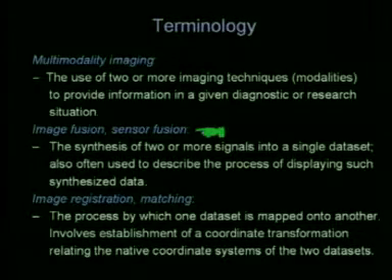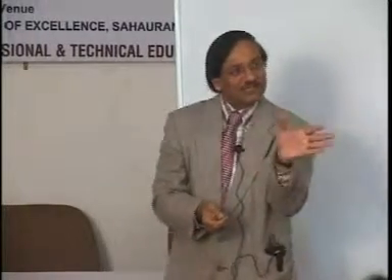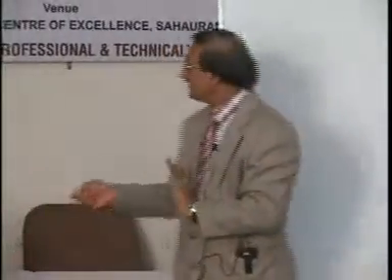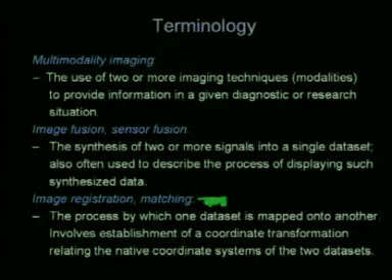Image fusion or sensor fusion is totally different from fusion imaging. Image fusion is when you are synthesizing two signals into a single one, and you are presenting that synthesized data or synthesized signal. This is image fusion. This has nothing to do with fusion imaging. And of course, the most important part of fusion imaging is the registration.